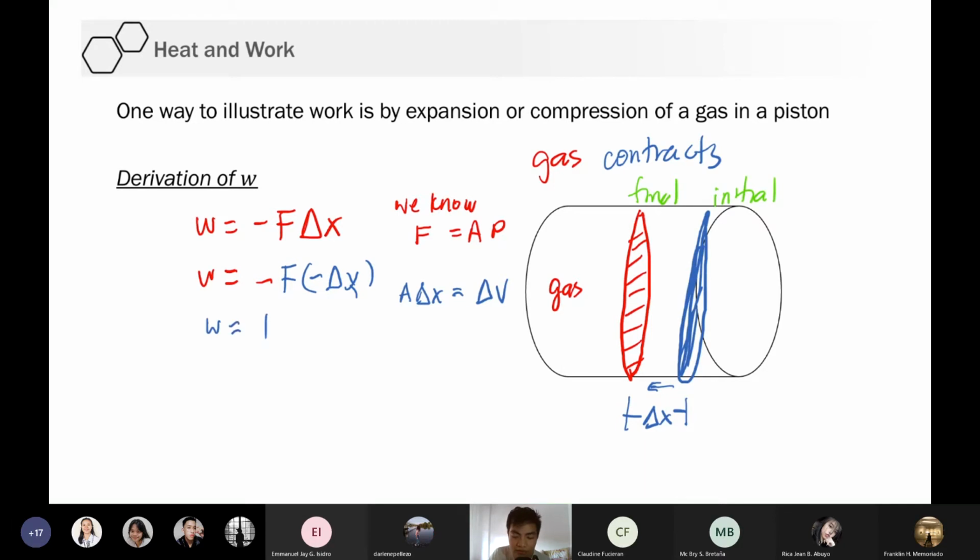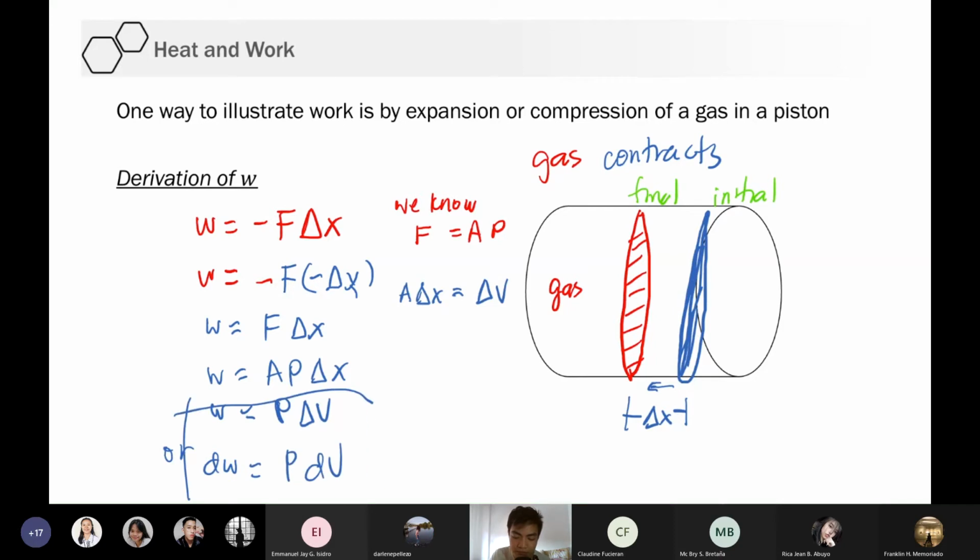So, we will have F delta x na lang. Okay? Mawawala yung negative sign. So, W equals, yung F, palitan natin ng P A, delta x, and W is P delta V, or dW equals P dV.